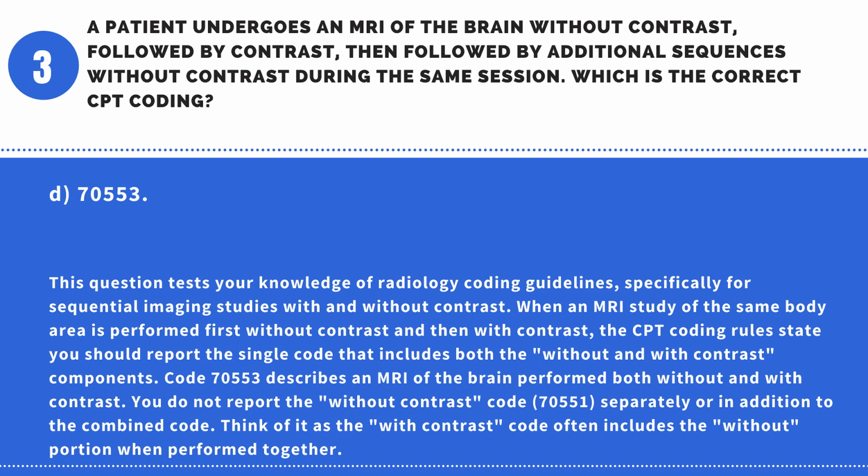Code 70553 describes an MRI of the brain performed both without and with contrast. You do not report the without contrast code 70551 separately or in addition to the combined code. Think of it as the with contrast code often includes the without portion when performed together.